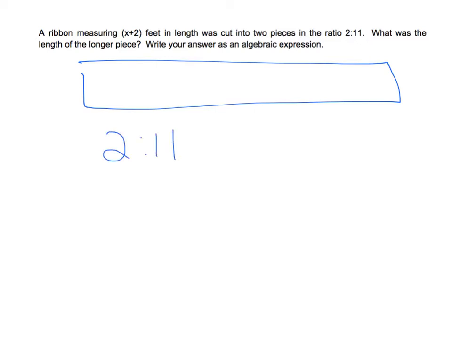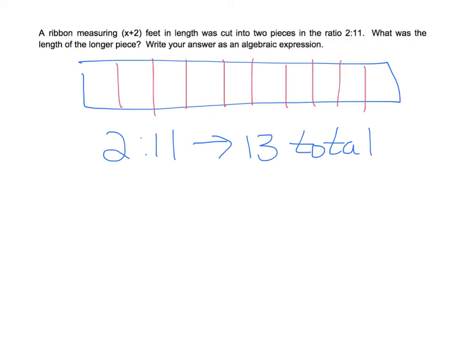So if we look here, 2 to 11, we're actually saying there are going to be 13 total pieces, because to get that, we say 2 plus 11. So if I were to split this ribbon into 13 pieces, let's see how many I got here. 1, 2, 3, 4, 5, 6, 7, 8, 9, 10, 11, 12, 13.